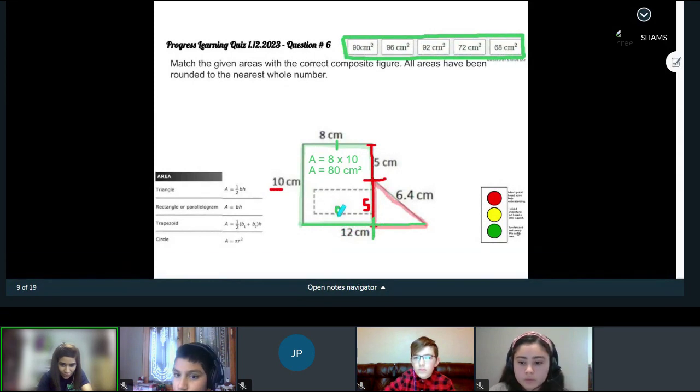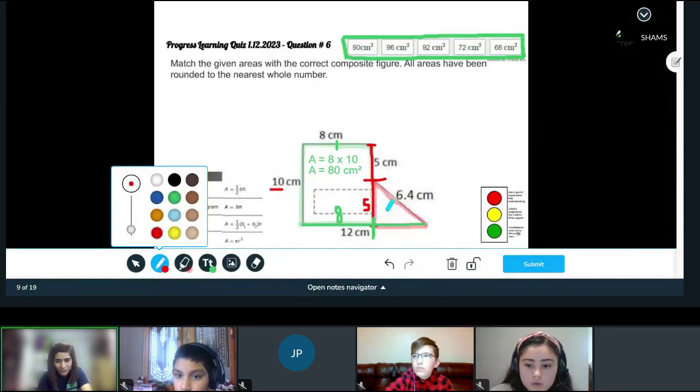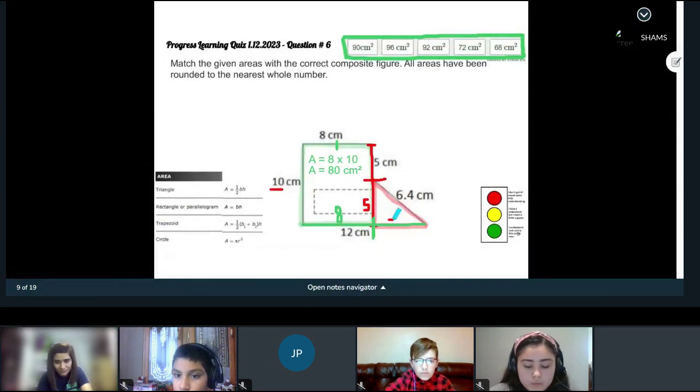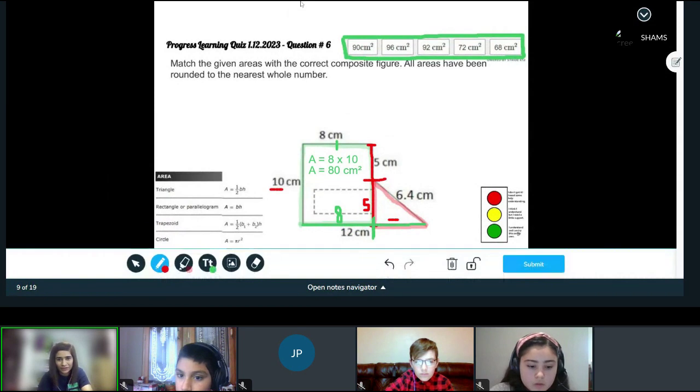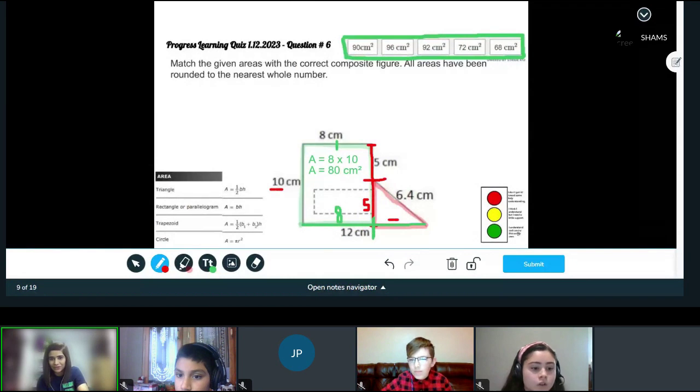Can you figure out how much the other part is that goes inside the triangle, the base of the triangle then? So total is supposed to be 12, partially 8. Very good, Ava. You can absolutely say that that part is 4. I will say this part is 4.